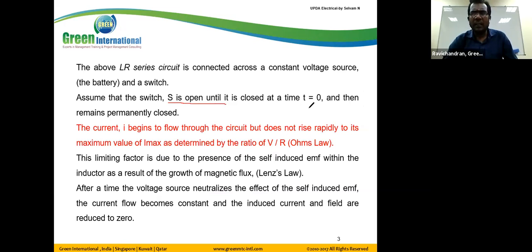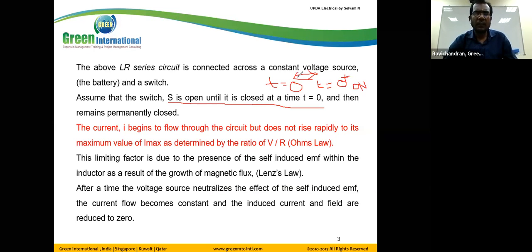The switch S is open at t equal to 0, and we are discussing t equal to 0 and t equal to 0 plus. So 0 plus means the on condition. How does the circuit behave during this period? For the RL circuit, the current begins to flow through the circuit but does not rise rapidly to its maximum value.